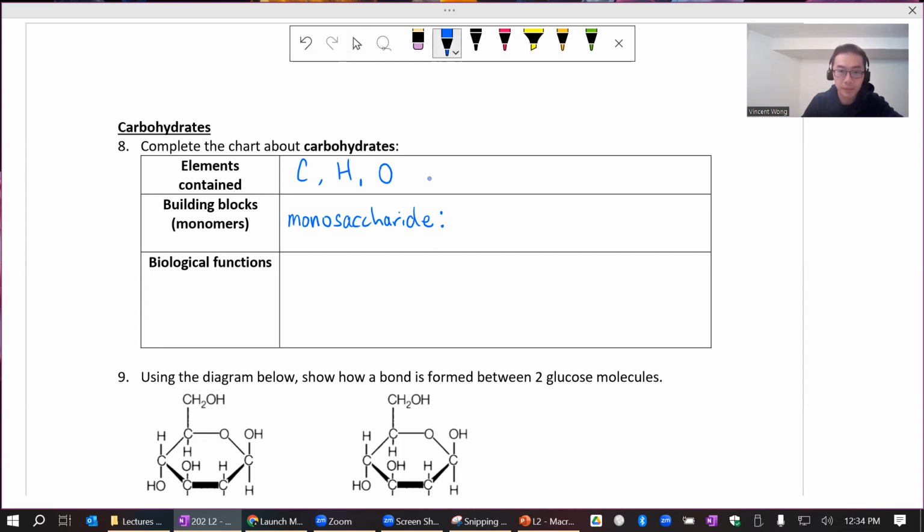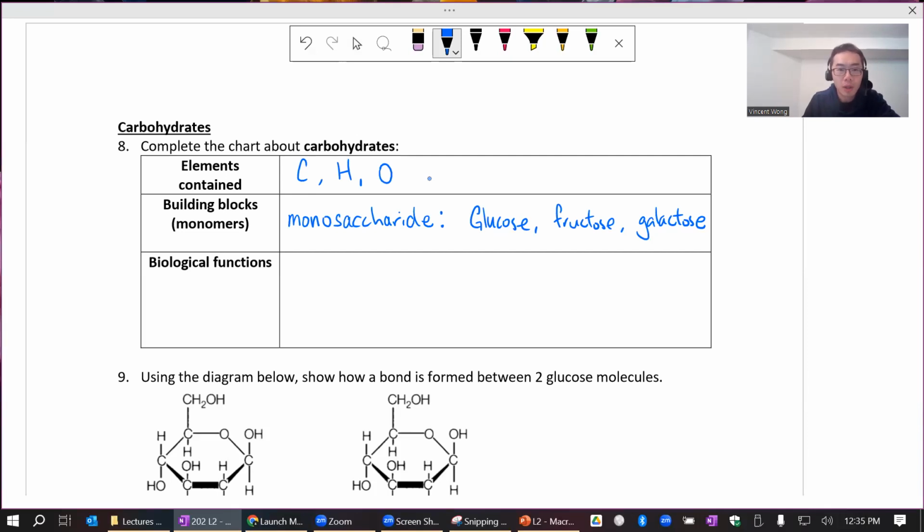Glucose, fructose, and galactose. That is very good. Okay, thank you. Glucose, fructose, and galactose. So these are monomers. You can join them together and build a bigger molecule.